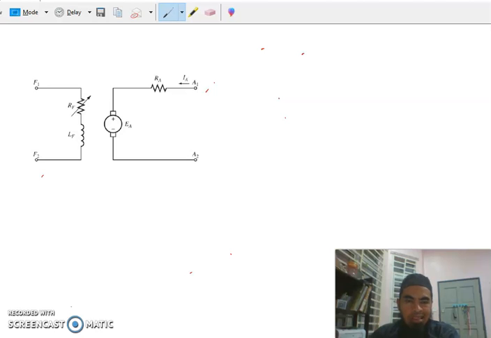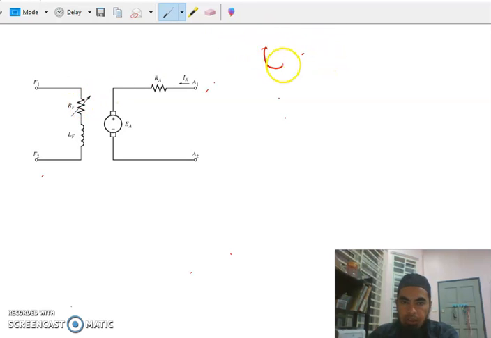Okay guys, this is the internal generator of this simplified circuit, in which we eliminate the brush voltage drop, and we also combine the adjustable resistor into the field resistor.